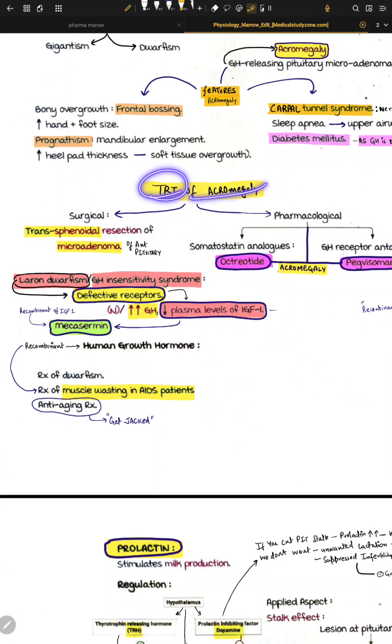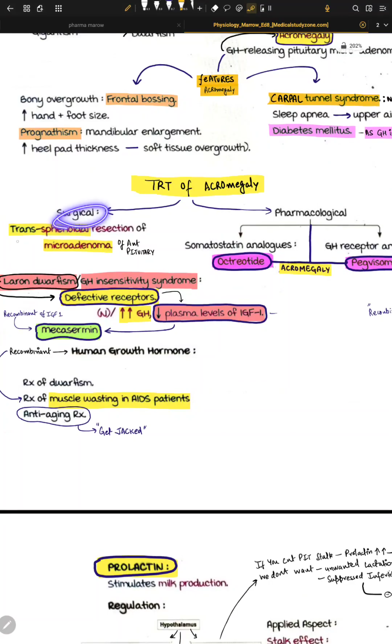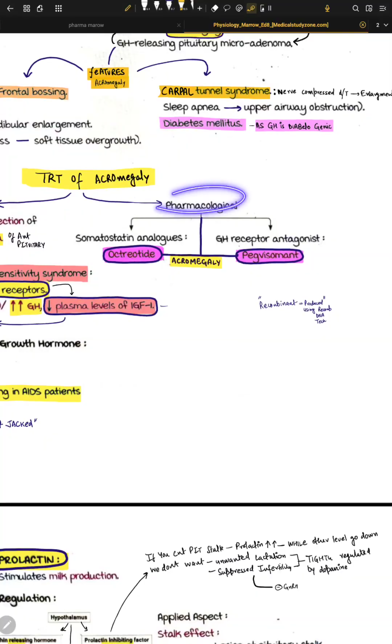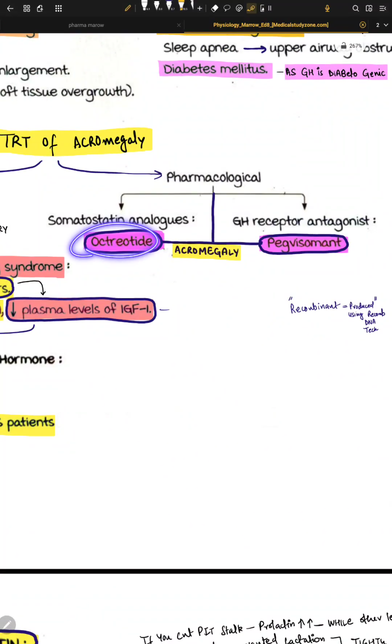What about treatment of acromegaly? Surgically, I already told you, transsphenoidal resection of the microadenoma, and pharmacologically, it can be octreotide and pegvisomant. That's a very weird name, pegvisomant. So these are two drugs. Pegvisomant is a GH antagonist.